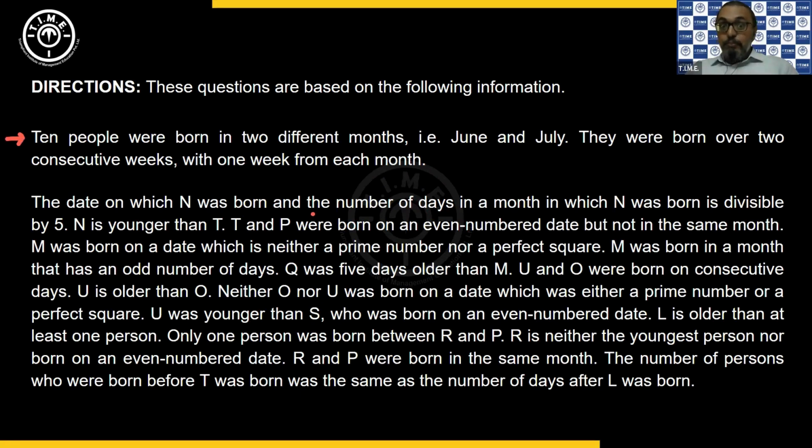We have 10 people working. Were born in 2 different months. That is June and July. They were born over 2 consecutive weeks with 1 week from each month. He said consecutive weeks. So we can take it like this.